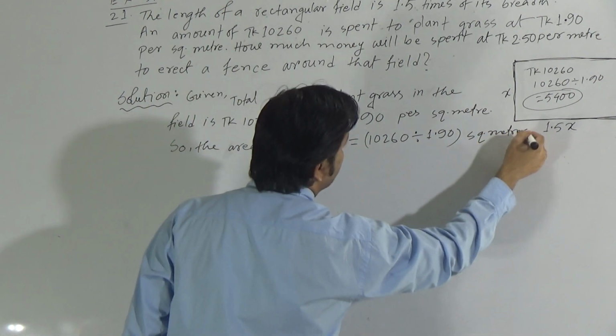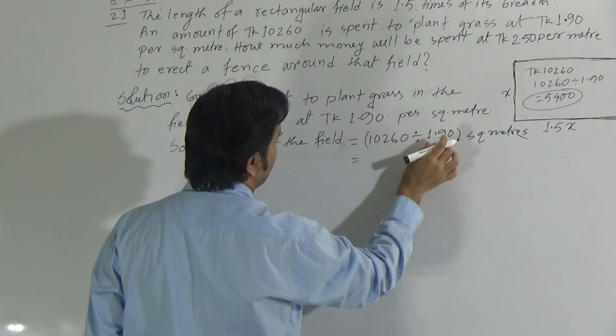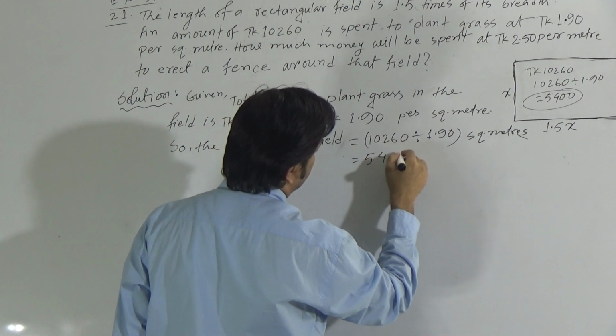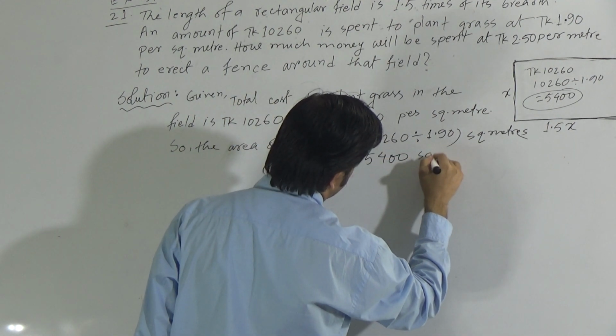If we divide this by 1.90, we will get 5400.